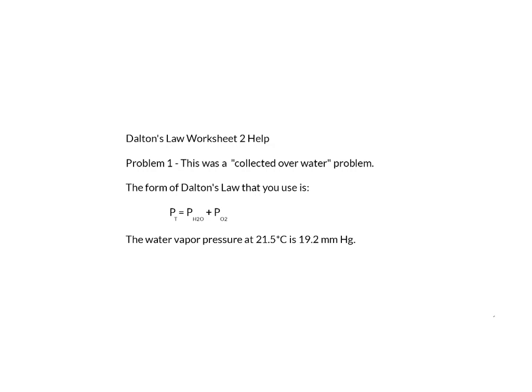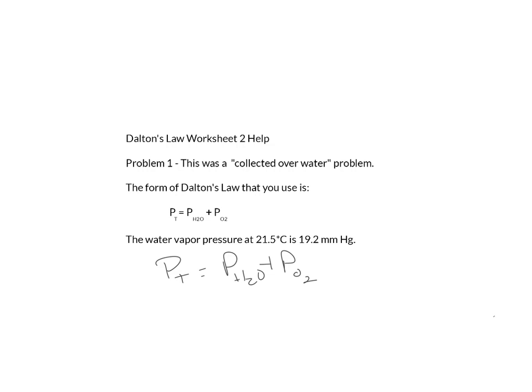The first problem was a pretty straightforward Dalton's Law problem with the gas being collected over water. So in this problem, what you're looking at is having your total pressure equal to the pressure of your water vapor plus the pressure of the oxygen gas.